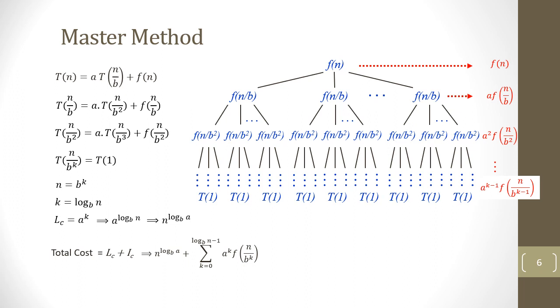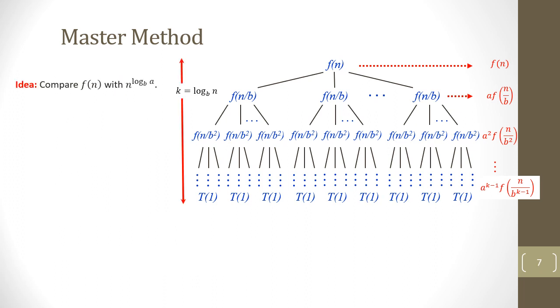So our total cost will be n^(log_b a) plus the summation from i = 0 to log base b of n minus 1 of a^i f(n/b^i). The summation sign represents summing up the cost at each level of interior nodes.